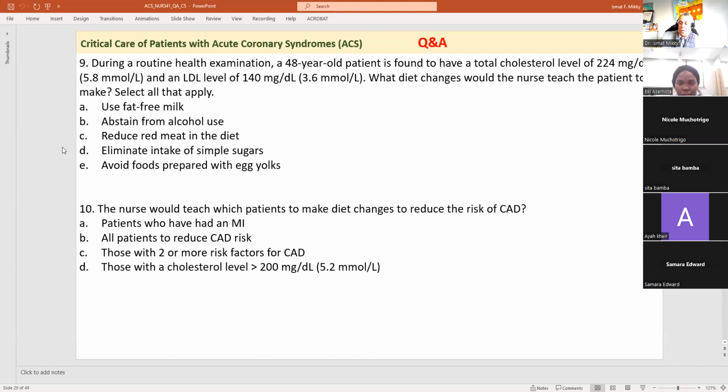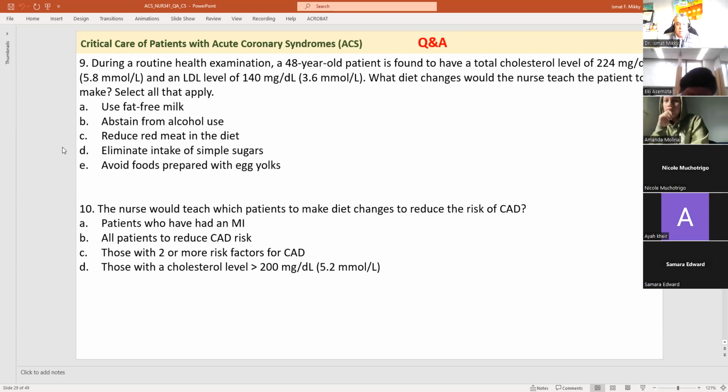So the whole milk products, for example, red meat, eggs, as well as the butter and margarines, lard, and solid shortening should be reduced or eliminated from the diet. So if triglyceride levels are high, alcohol and simple sugars should also be reduced. So we can go with A, the fat-free milk, C, reduce red meat in the diet, and then E, avoid foods prepared with egg yolk.